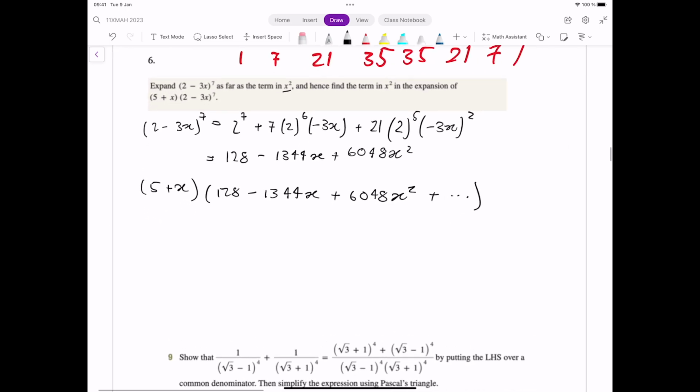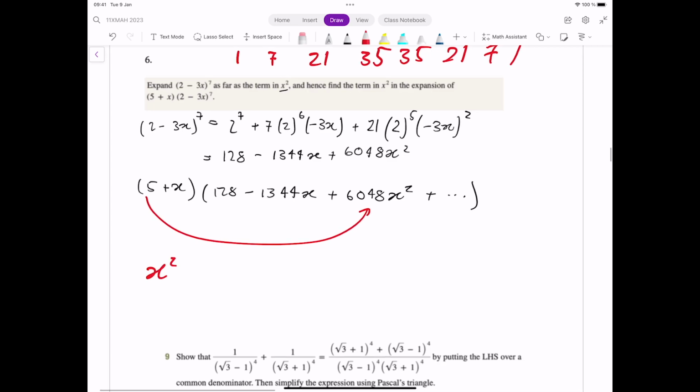Now the coefficient of x squared, well, first of all, it's going to be this 5 times by that, which is 5 times by 6048, but it's also going to be this x times by that. So it's going to be plus minus 1344 times 1.